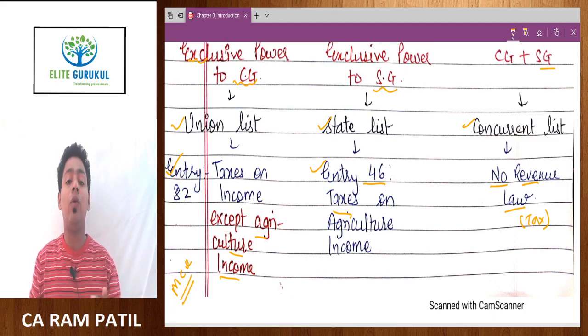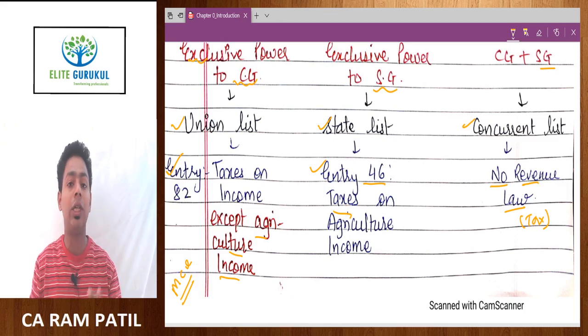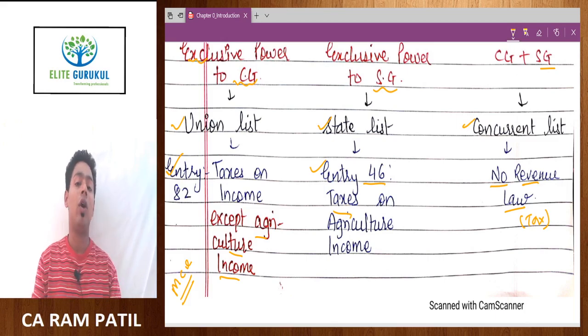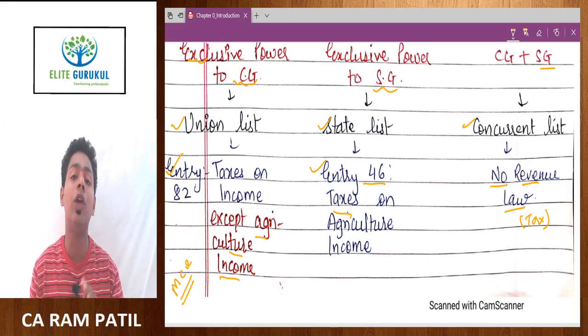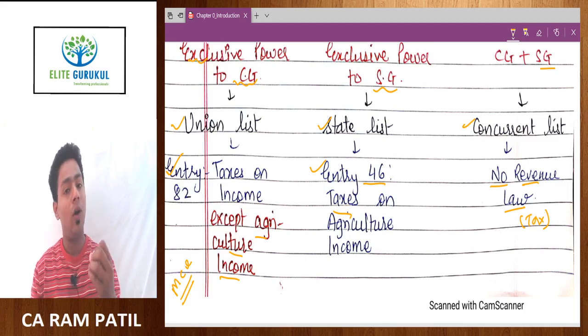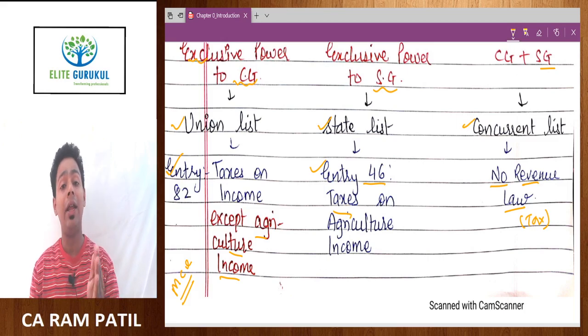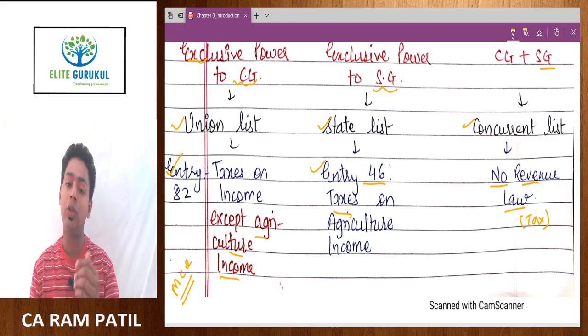Entry number 82 of the union list of the 7th schedule of article 246 of the Constitution of India gives exclusive power to the central government to enact law on taxes on income excluding agriculture income, whereas entry number 46 gives power to the state government to enact tax on agriculture income.